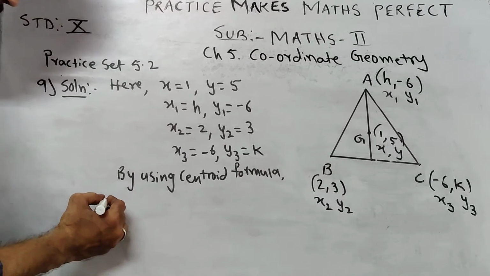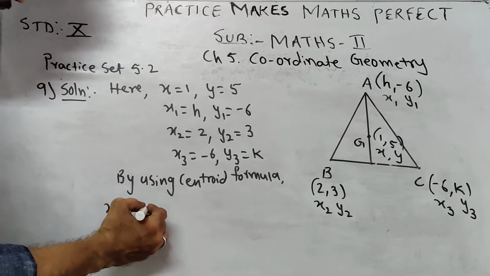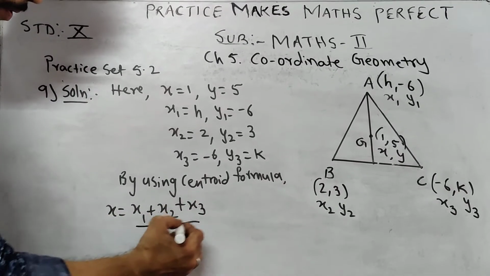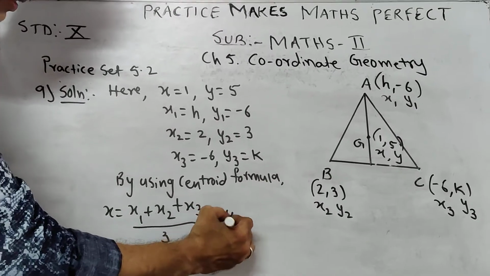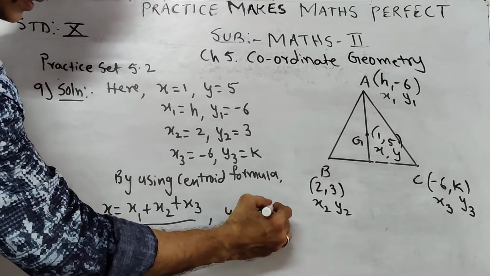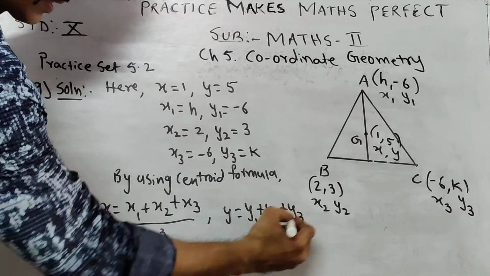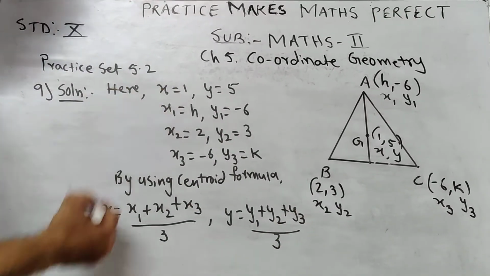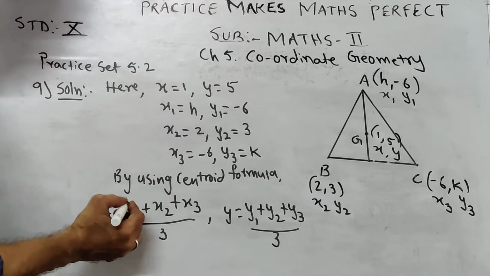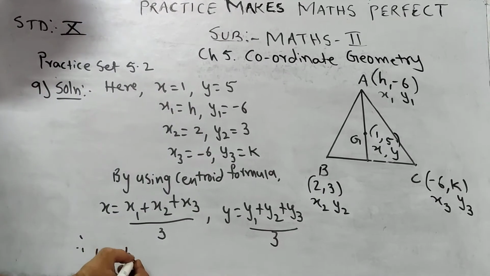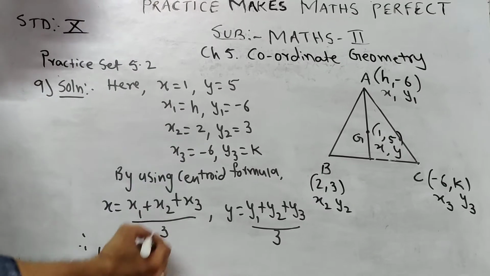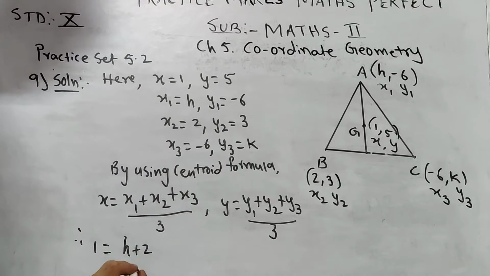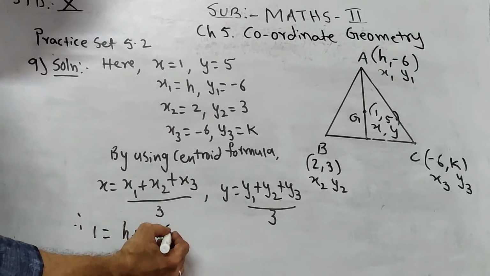So you know the centroid formula, x is equal to x1 plus x2 plus x3 upon 3, and y is equal to y1 plus y2 plus y3 upon 3. So x is what now here? 1. So I will write here 1. x1 is h, I don't know, that is h. x2 is 2, x3 is minus 6, so plus minus 6.